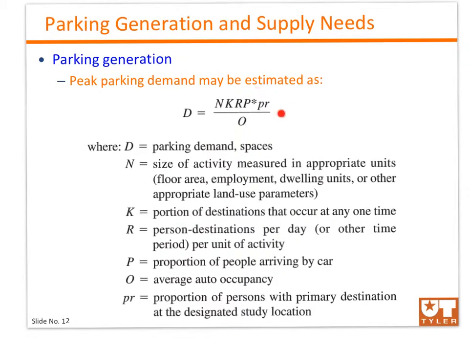Finally, PR is the proportion of persons with primary destination at the designated study location. They are not just going to the stadium or the activity center as a stop; this is their primary destination. It happens that they park their cars at the same parking spot for this center or this stadium.